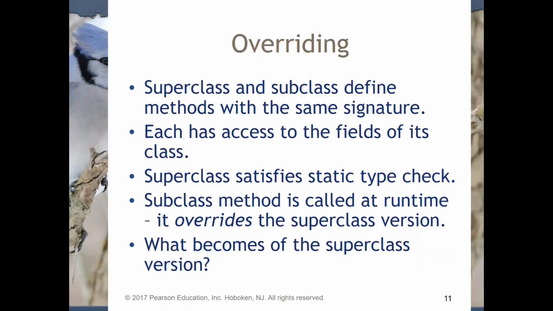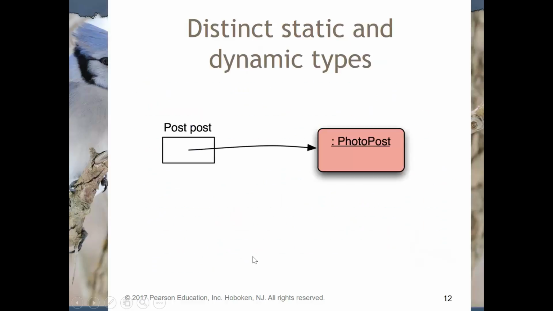If they're different, it will call whichever one it finds first. Each has access to fields of its own class. Superclass satisfies static type checking, which we've talked about, and the subclass method is called at runtime. It overrides the superclass version. What becomes of the superclass version? It's kind of gone, sort of.